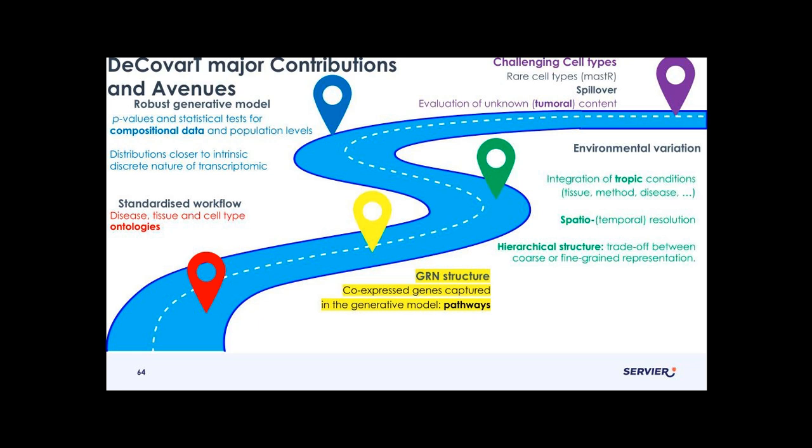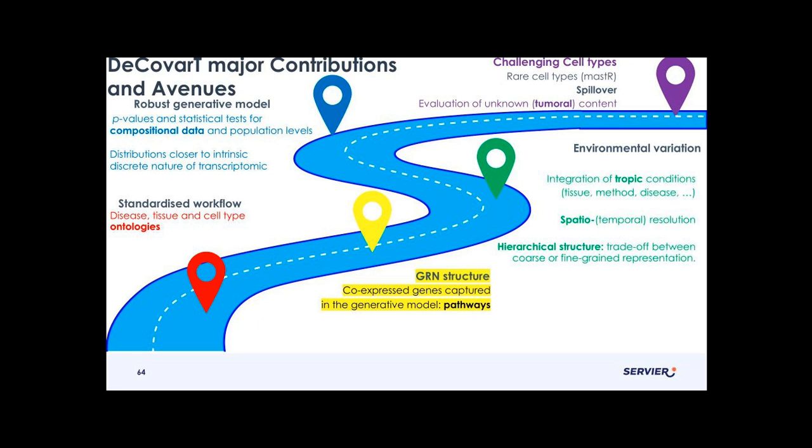The second thing that could be interesting to consider in Decovart would be to evaluate the impact of an unknown, for example, tumoral profile that has not been characterized or incorporated as a prior mean expression or gene regulatory profile in the generative model.